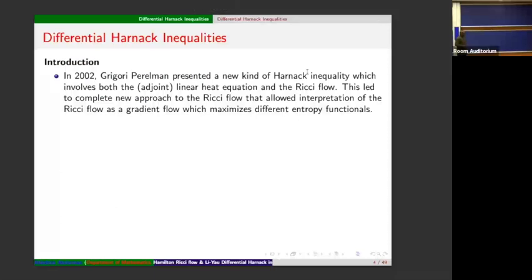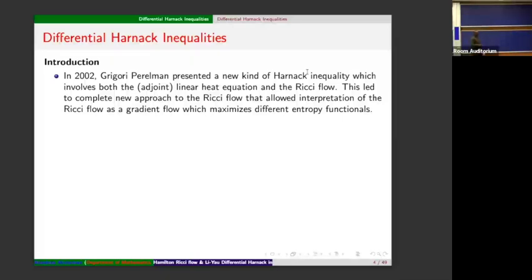So today we want to start with the differential Harnack inequality. Differential Harnack inequalities are a very important tool which allows us to study Ricci flow, and we want to look at it in an analytical way. In his first paper in 2002, Perelman presented a new kind of Harnack inequality, which involves both the adjoint linear heat equation and Ricci flow.